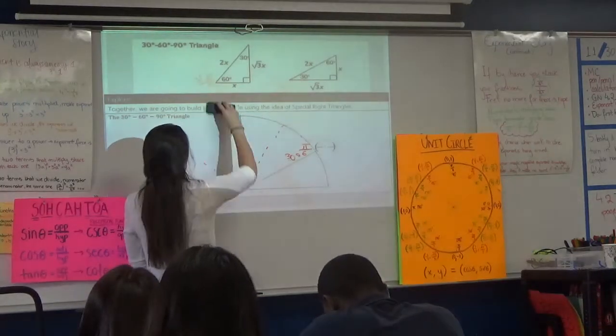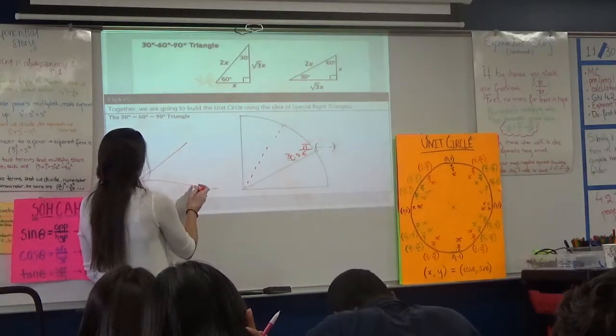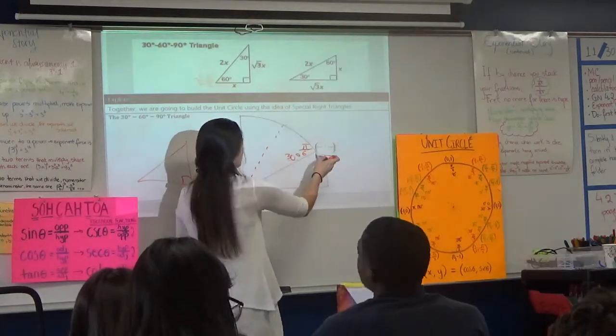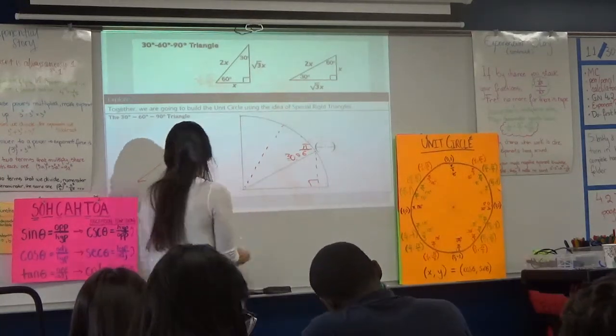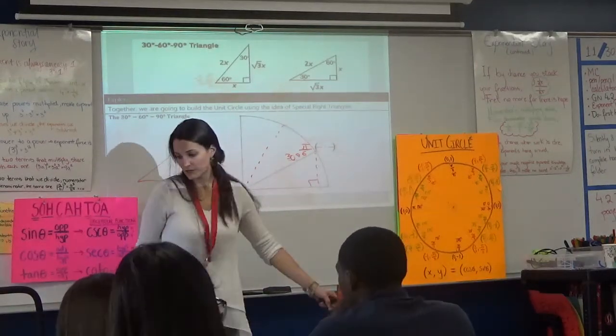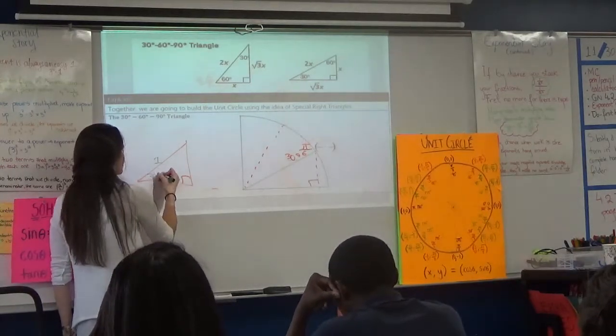Okay, so now we look at our triangle. Same thing as we've noticed over and over. What is the hypotenuse of our triangle? 1. And this is 30 degrees.